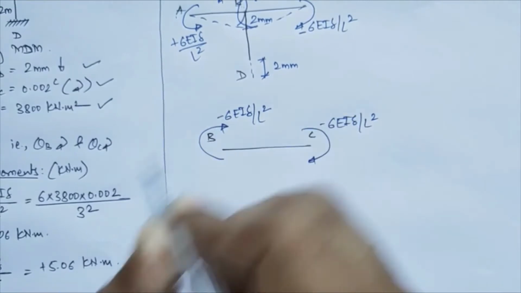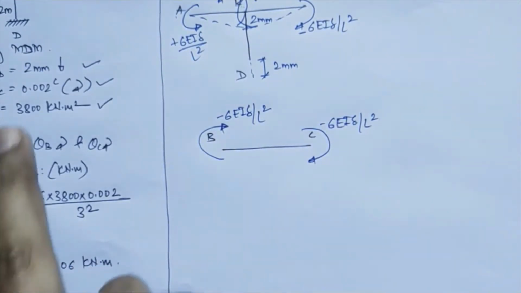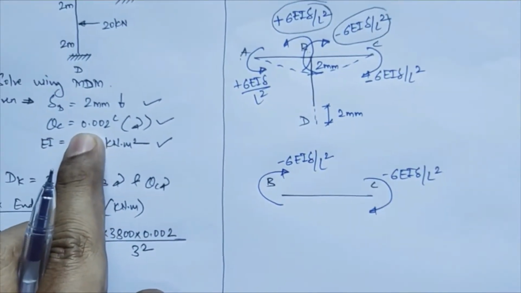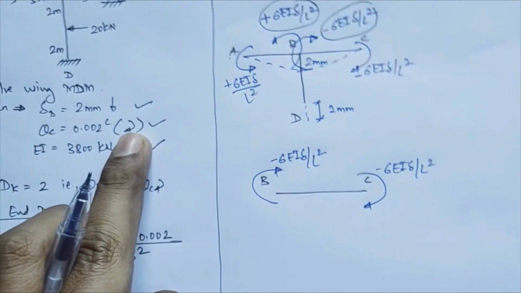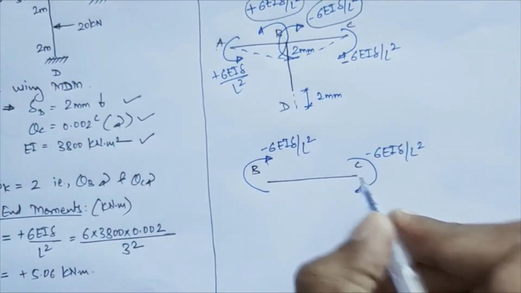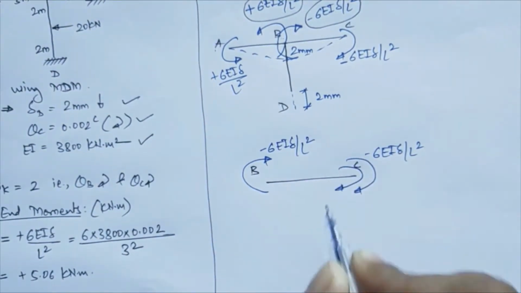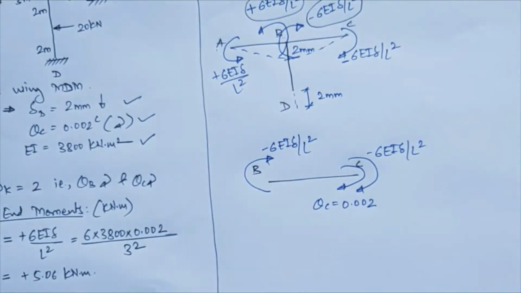Those are negative over there. Now one additional rotation, that is theta C, is provided as 0.002 radians at point C in the clockwise direction. That means at this point C you have one additional rotation in the clockwise direction, that is theta C is equal to 0.002.